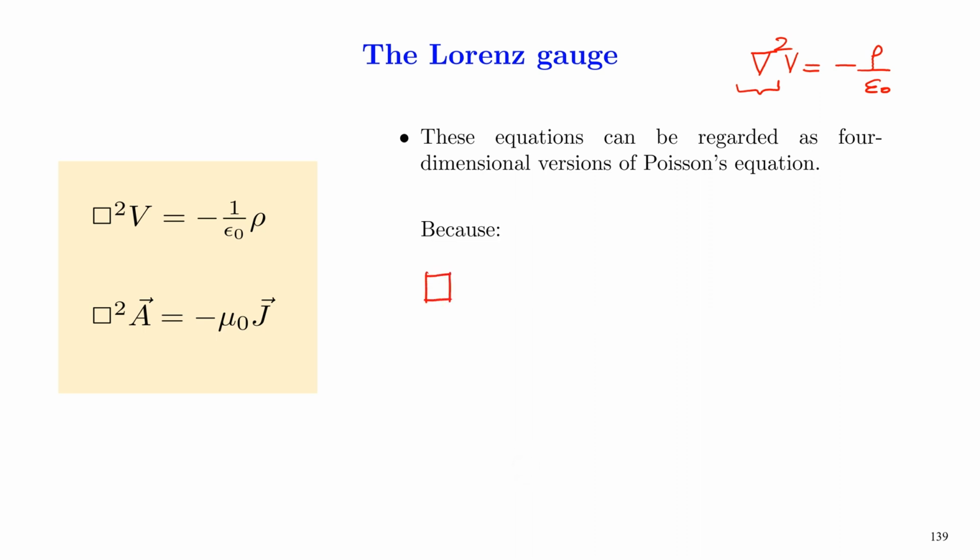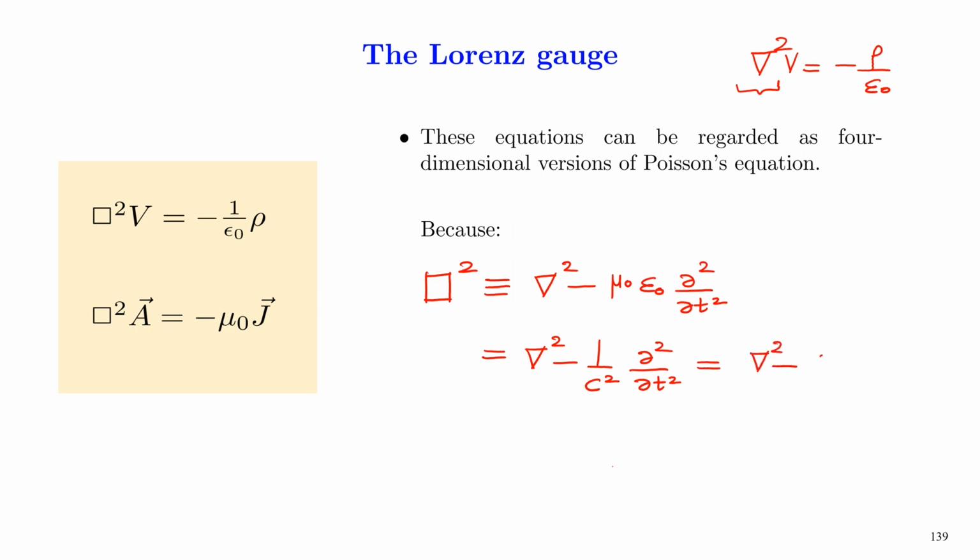Now the D'Alembertian is nothing but del square minus mu 0 epsilon 0 dou square by dou t square, and this is equal to del square minus 1 over c square dou square over dou t square, which is equal to del square minus dou square over dou (ct) square. That is, the D'Alembertian operator can be considered as the four-dimensional Laplacian operator.